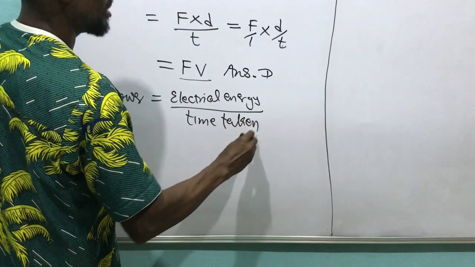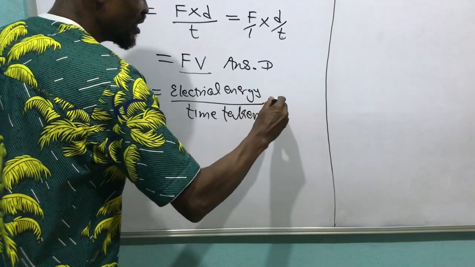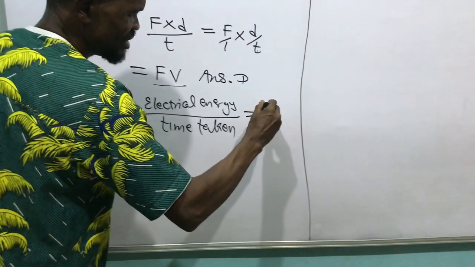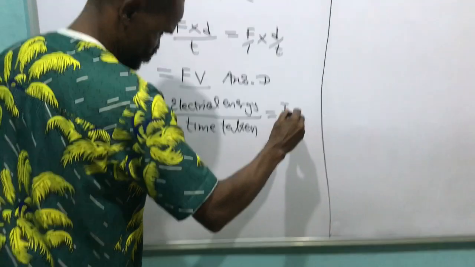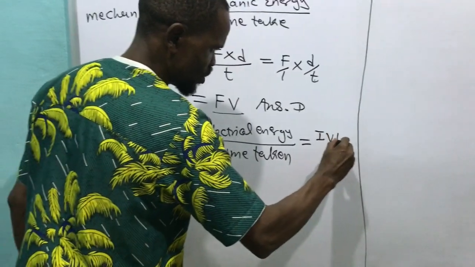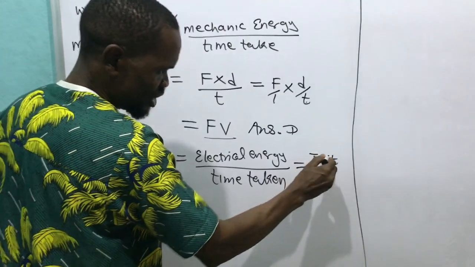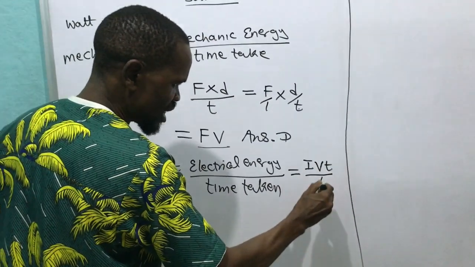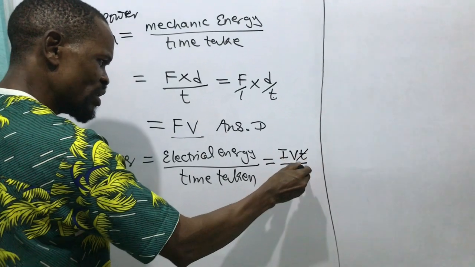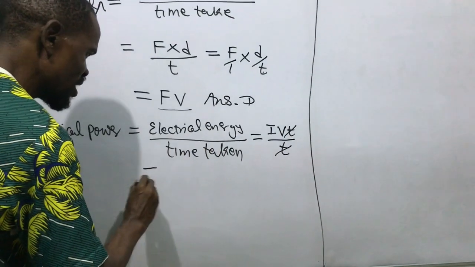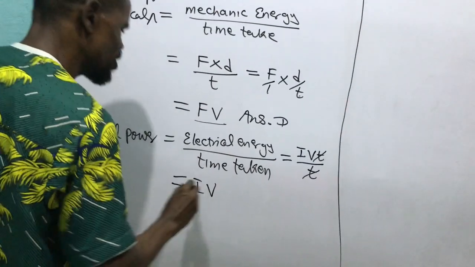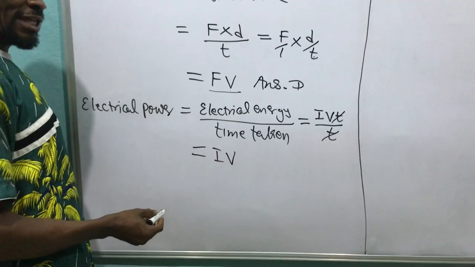And what is electrical energy? Electrical energy is current times voltage times time, over time. The time cancels out to give me current times voltage. That is electrical power.